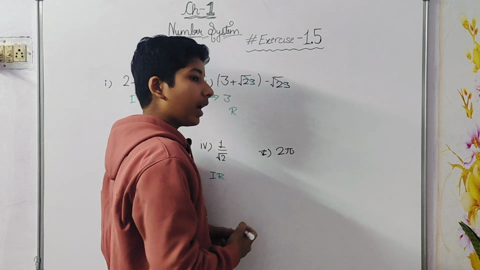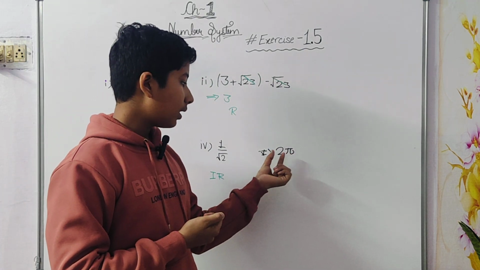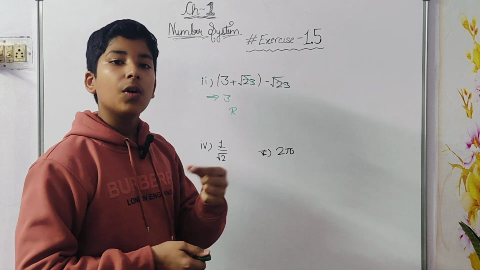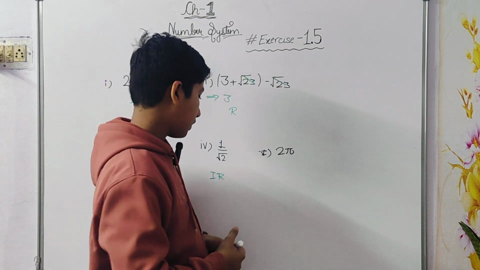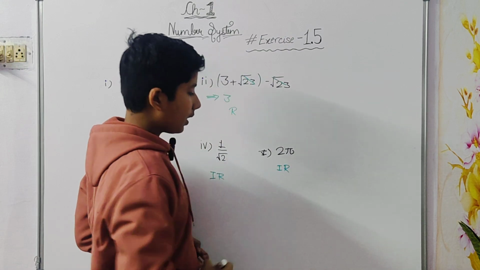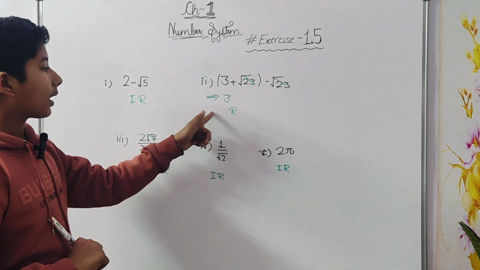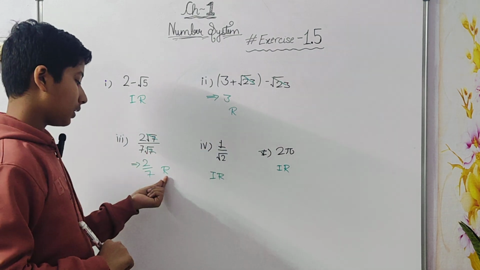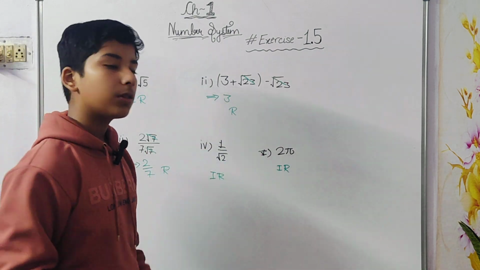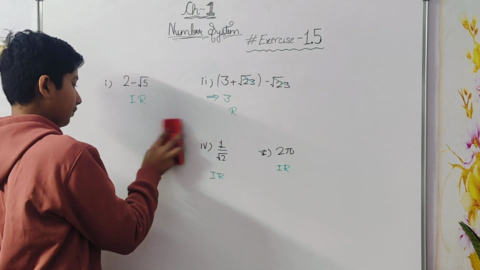And 2 pi, we know that pi is irrational, so irrational multiplied by rational is always an irrational number. So it will be irrational. Now I will repeat. First is irrational, second is rational, third is rational, fourth irrational, and fifth also irrational. So let me erase all of them.